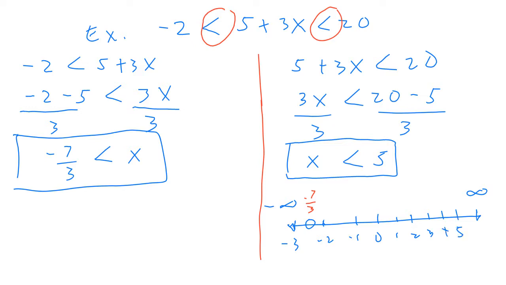And that's a less than, so we have an empty circle. So it's actually x less than 5, so it's going to the left.